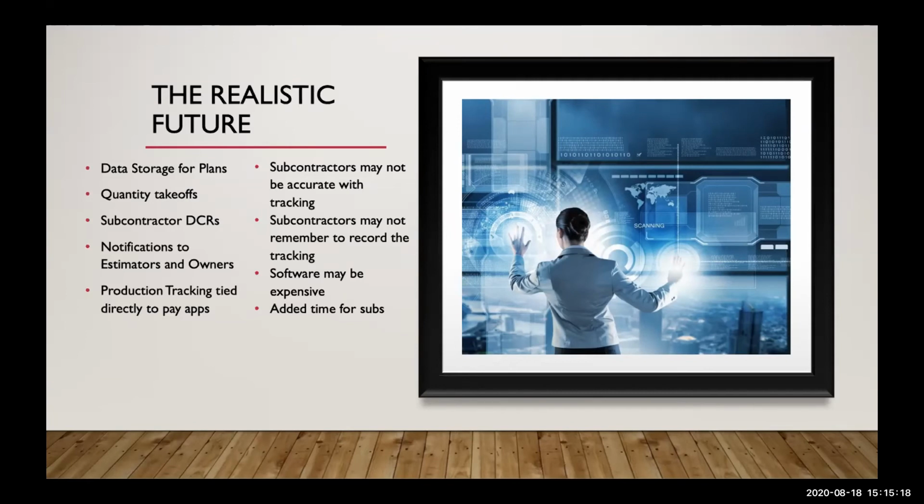My realistic future would be to combine Procore and Bluebeam and have a software that is data storage for plans. It's capable of quantity takeoffs. Subcontractors can fill out their DCRs in there. So if they filled out their DCRs in this ideal software, all they have to do is, on the iPad that they're filling it out on anyways, highlight their line of pipe.